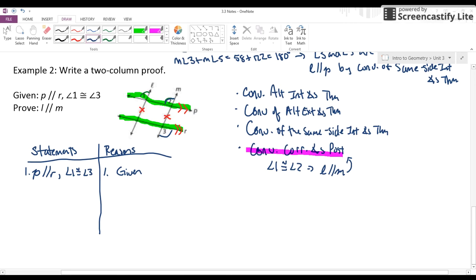Well, remember, if I just ignore this L for a moment, I can see, well, I've got 2 parallel lines, and these are my alternate exterior angles. What do I know about alternate exterior angles within the parallel line? They should be congruent. So I can say that angle 2 is congruent to angle 3 by my alternate exterior angles theorem.